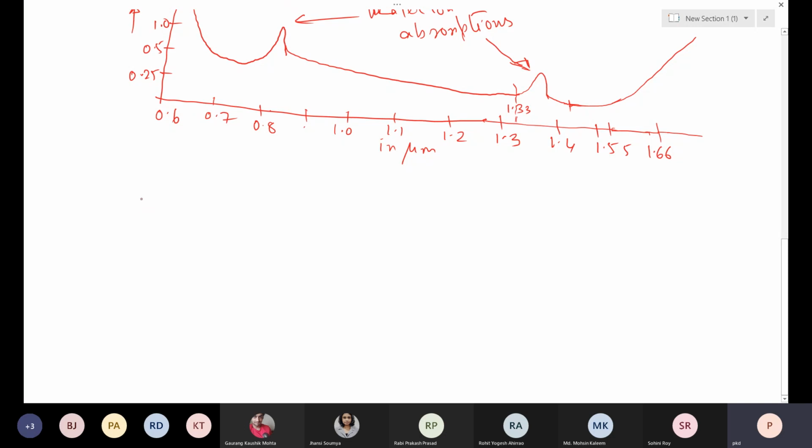So there are two kinds of losses. Due to material itself, and waveguide.